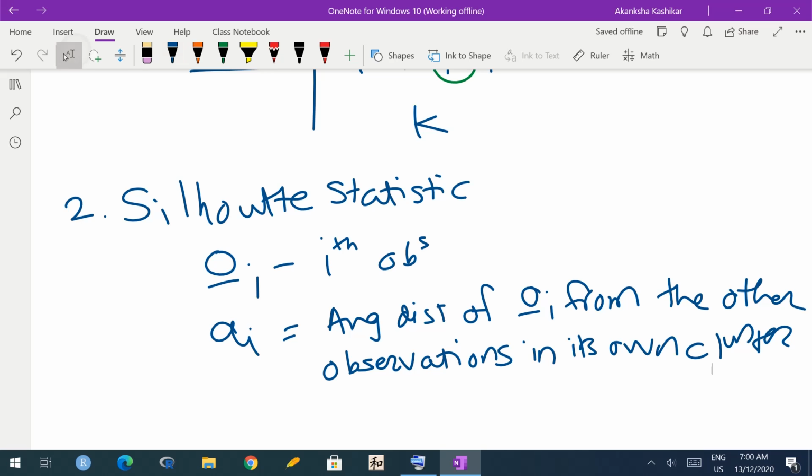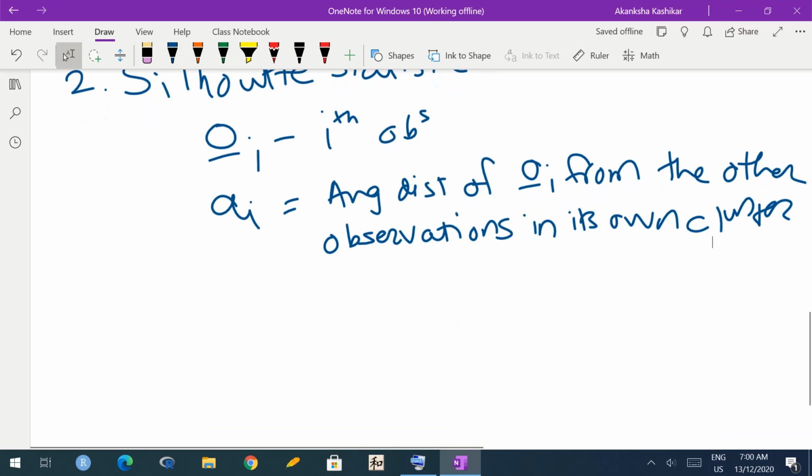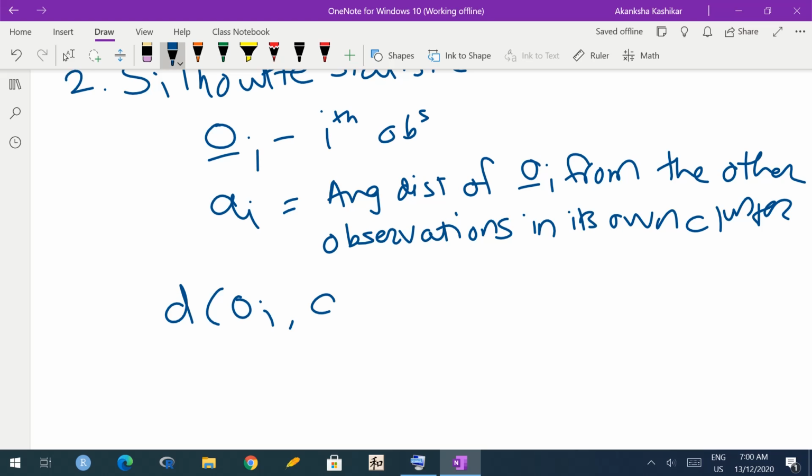Then we compute the distance of Oi from each cluster also. So we compute the distance of Oi from Cj. What is this?